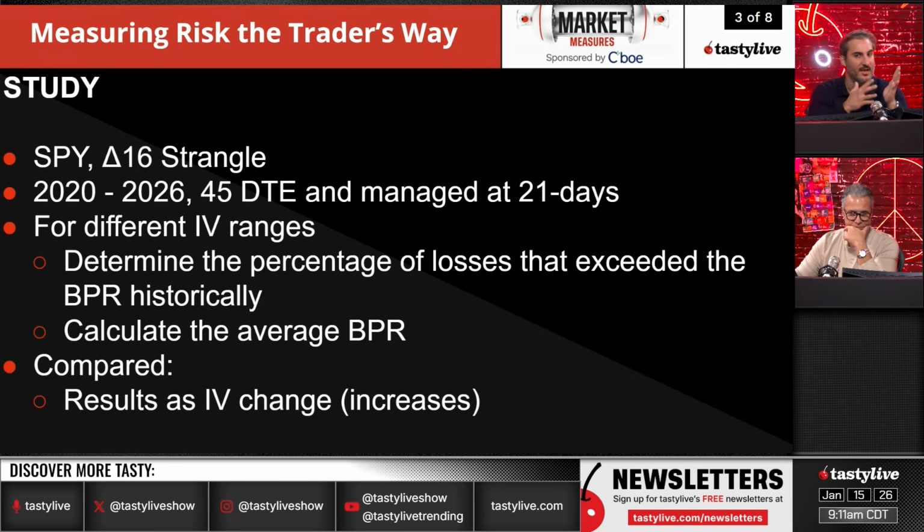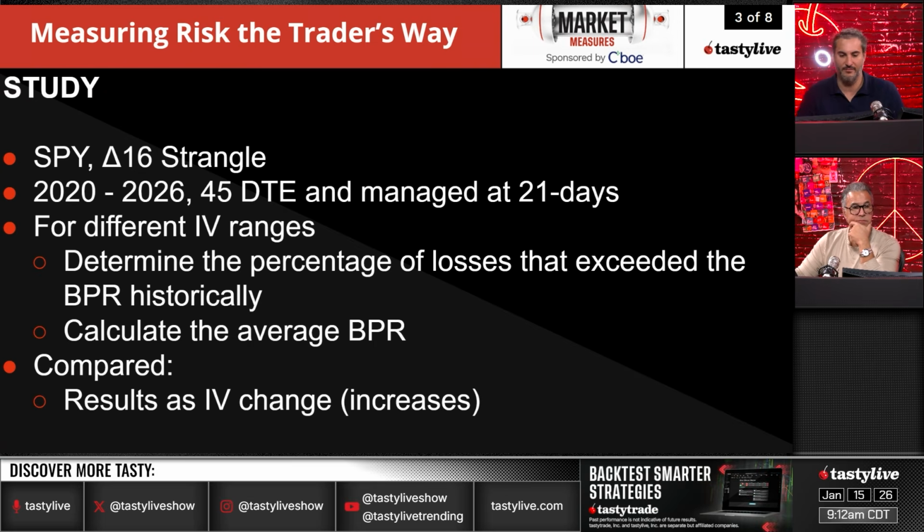We're looking at different IV ranks, how much buying power you're using, and comparing the results as IV changes. As IV increases, how does buying power change? How does your max loss change relative to that change in implied volatility?